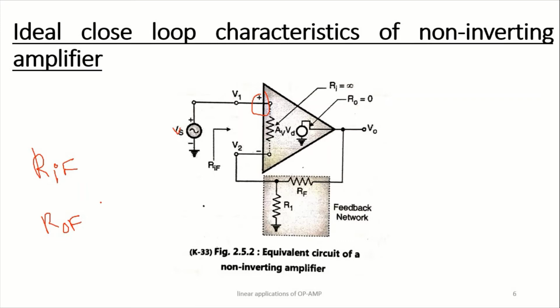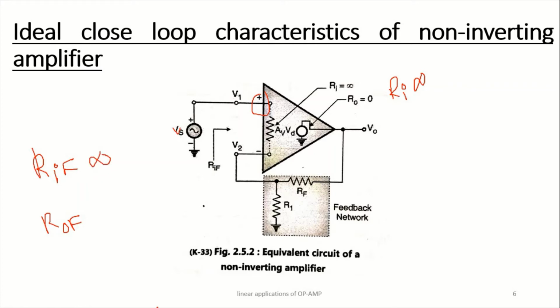Due to the infinite input resistance of the ideal op-amp, the non-inverting terminal appears as an open circuit. Therefore, RIF is also infinite.